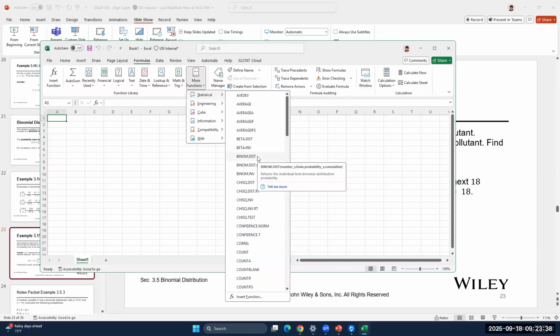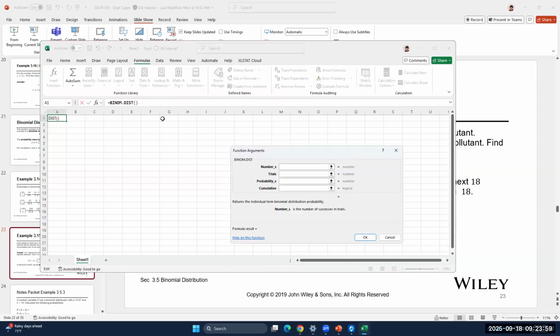You can't see it because it's super fuzzy and small, but it actually says number S, trials, probability of S, and cumulative. And that's that true false statement. It's assuming that it's cumulative. If you write false, then you're looking for the probability distribution function. So if I put that in, it's already put in the correct formula.